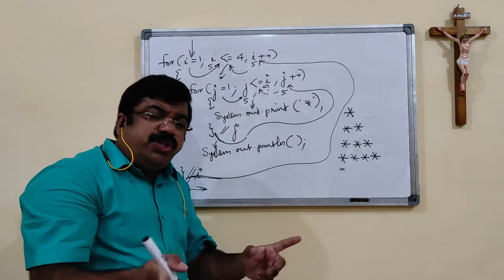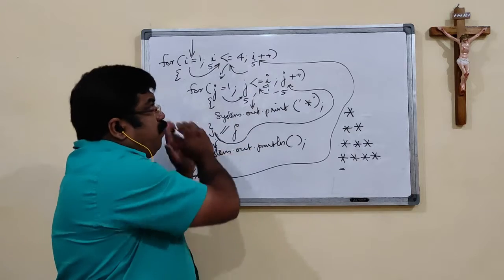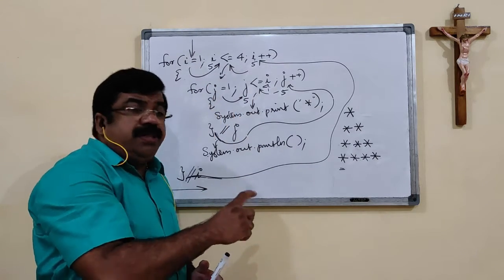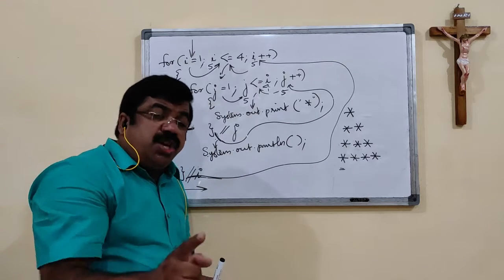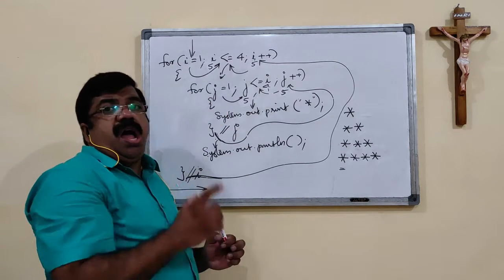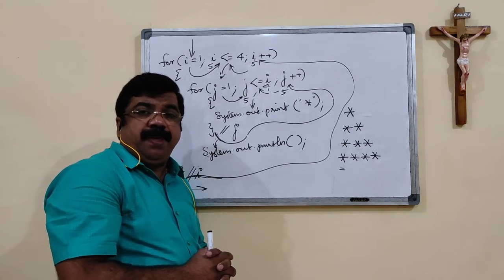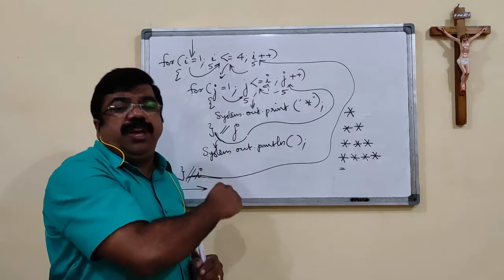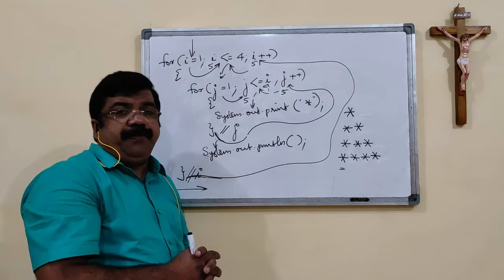Now, you can see in this way of execution, the inner loop was executing more than the outer loop. We can say the inner loop is the most frequently executing loop.